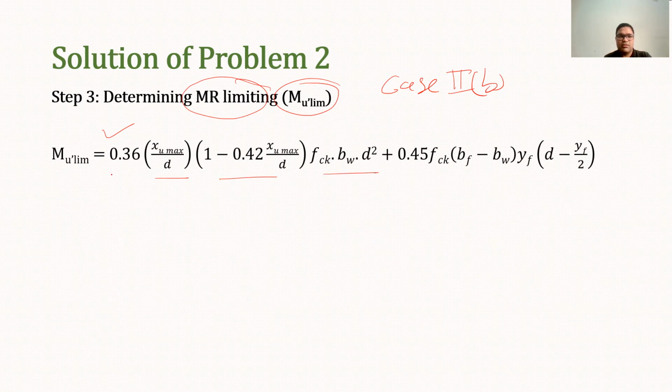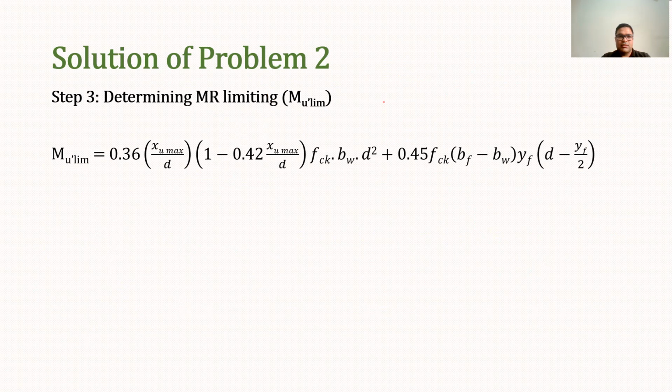This part is the moment of resistance of the rectangular part, and this part is the moment of resistance of the flange part. All these parameters I have explained in the previous lecture. If it is not clear to you, please go to that lecture and refer to this formula.